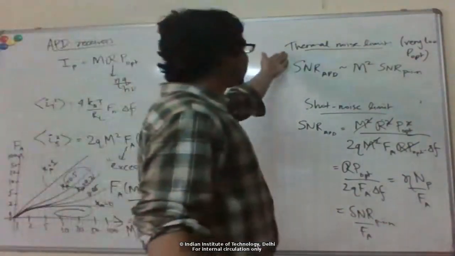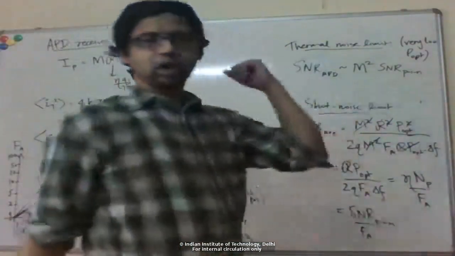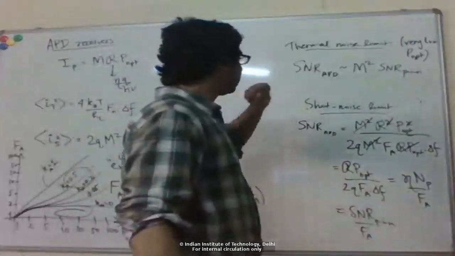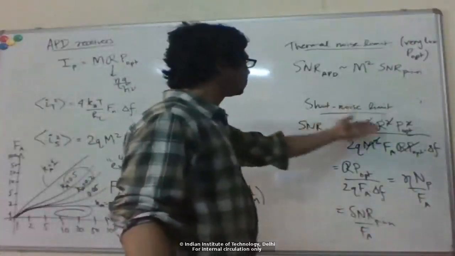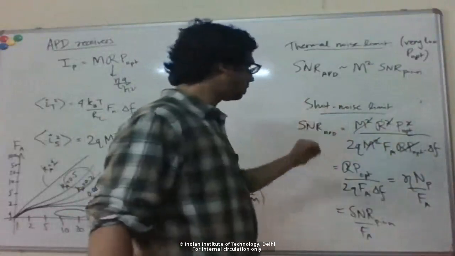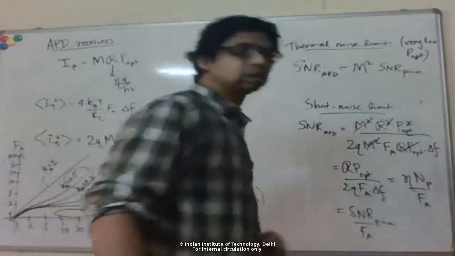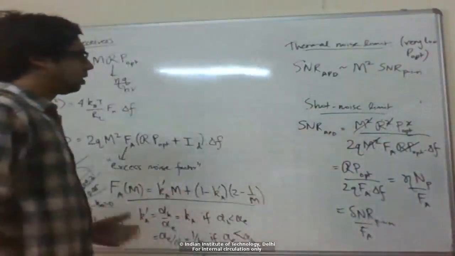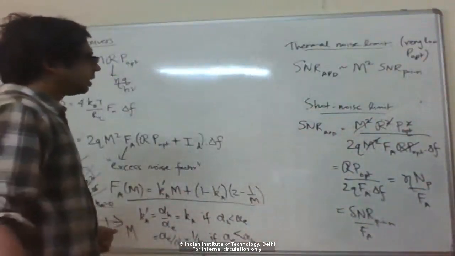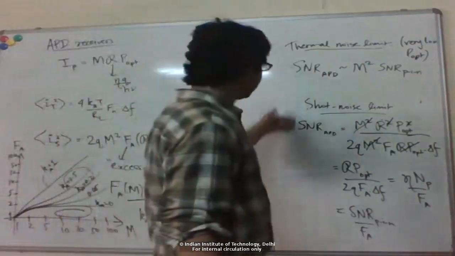Okay, so if you still remain in the thermal noise limit, your SNR goes up by a lot by using an APD. But if your powers are such that you go into the shot noise limit, your SNR actually worsens by a factor Fa. Okay, and typically when we use APDs, we are sort of going into this regime.